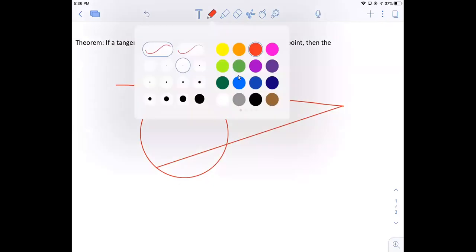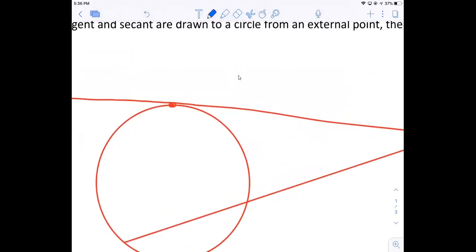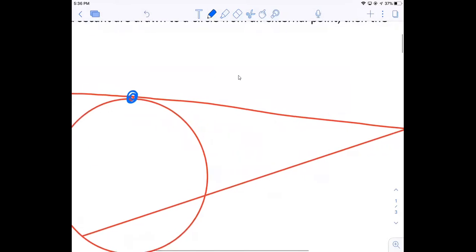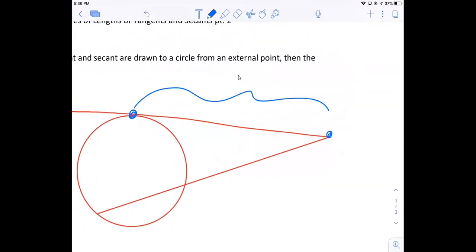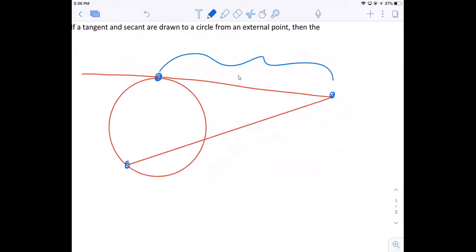So I'll tell you what to measure. You're going to be measuring the length of the tangent, from there to there. You're going to be measuring the entire length of the secant from there to there, and you'll be measuring the external portion of the secant.